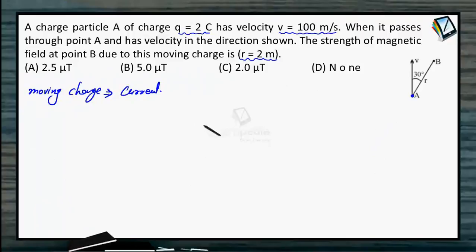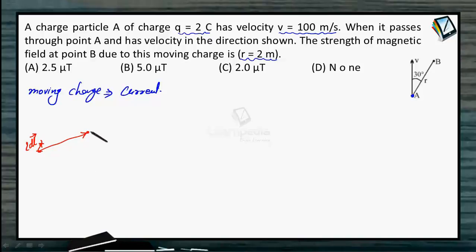So what is the Biot-Savart law? If there is a current segment, a very small segment of length dl, with the dl vector in the direction of current, and here is a point where we have to calculate the field.